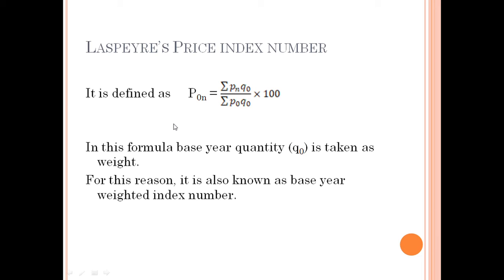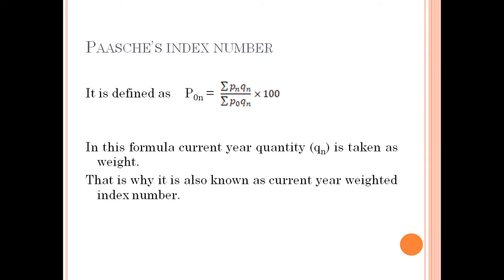Okay, in the next slides we will learn how to solve this formula. First we will discuss Paasche's index number. Paasche's index number is equal to summation Pn into Qn divided by summation P naught into Qn. In this formula, current year quantity, which is Qn, is taken as weights.